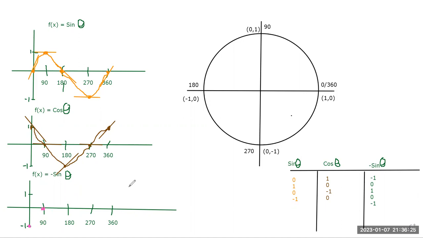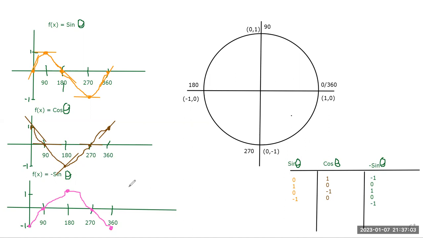At 180, it would be positive 1. At 270, it would be 0 again. And 360, back at 0. Not 0, negative 1. So when we graph all this out, it would make that kind of curve. And thank goodness I am not finding the derivative of negative sine, because I would be crying.